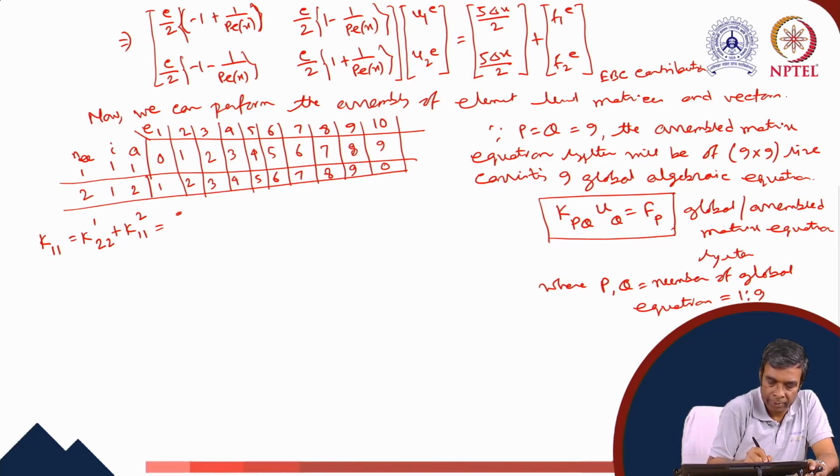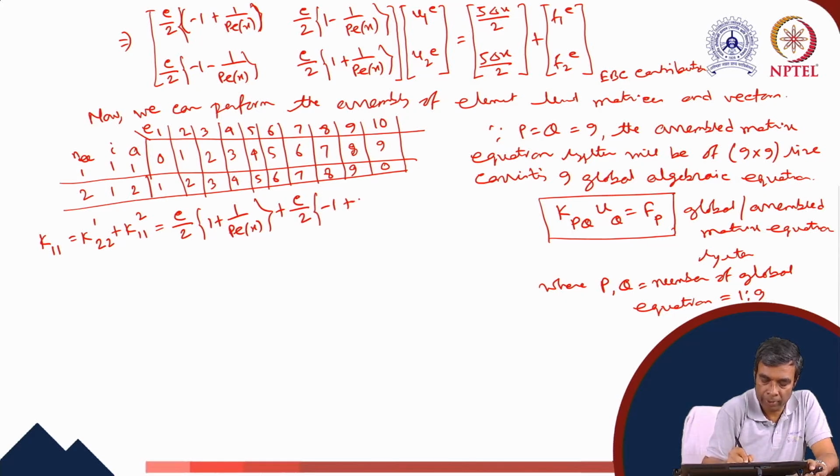K221 is C by 2 into 1 plus 1 by Pex, plus K112, which is C by 2 into minus 1 plus 1 by Pex. So 1 by Pex, 1 by Pex, both will be present 2 times. So this will give us C by 2 into 2 by Pex, equals C by Pex.